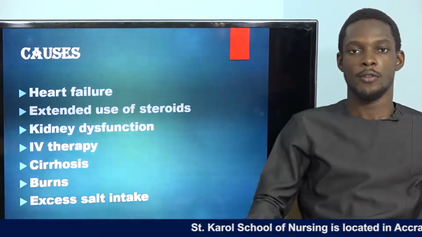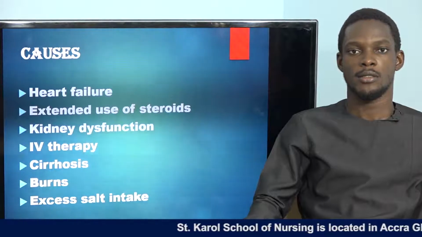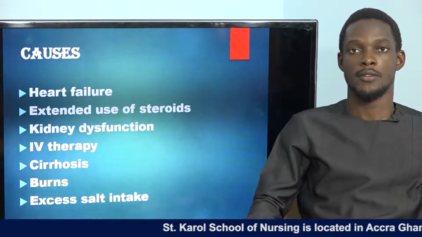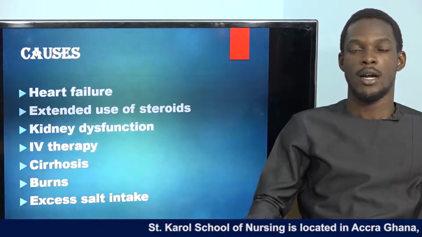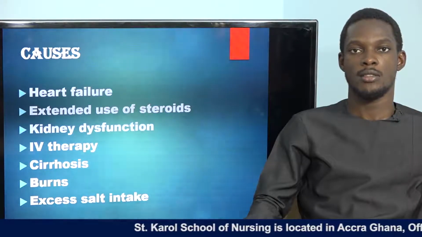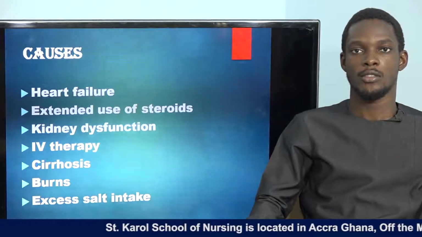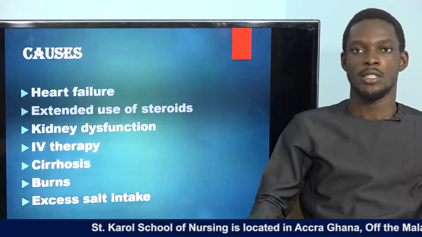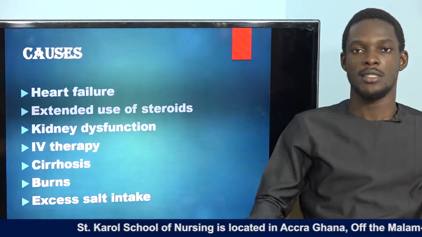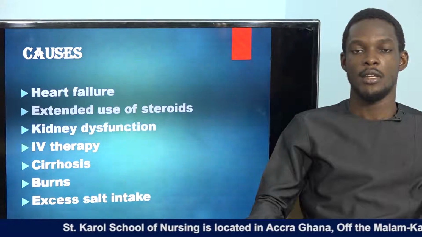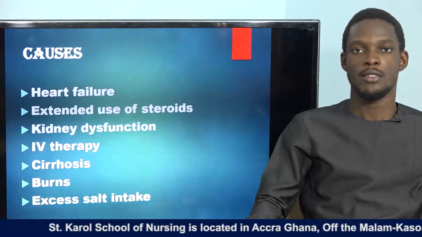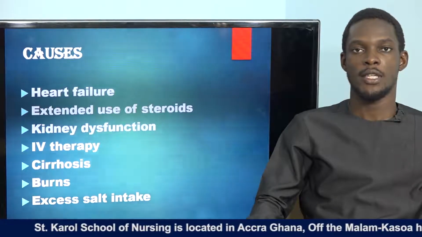Under the causes of fluid volume excess, the first cause I would like to talk about is heart failure. When the heart fails to beat at its normal rate, or fails to circulate blood at its normal rate, you have venous stasis, the blood unable to move as it's supposed to within the veins.